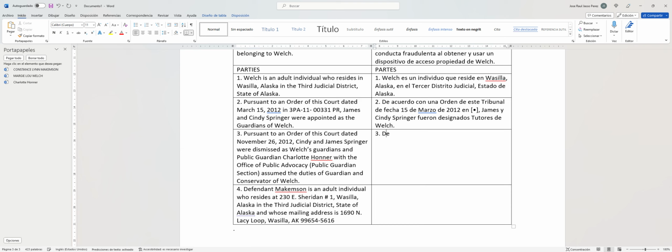3. De acuerdo con una orden de este tribunal de fecha noviembre 26, 2012, Cindy y James Springer fueron removidos, dismissed, removidos como los tutores de Welch y la tutora pública Charlotte Hunter de la Oficina de la Defensoría Pública.